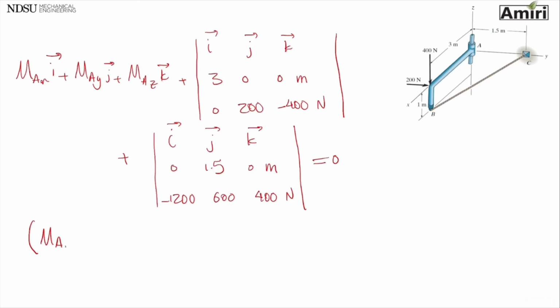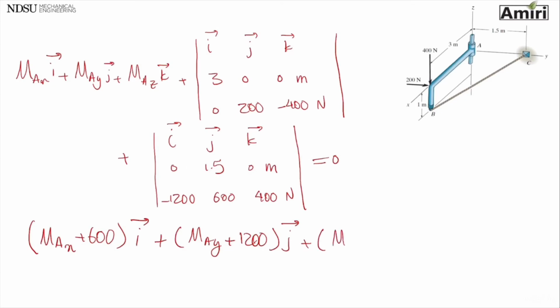MAX plus 600 I, MAY plus 1200 J, plus MAZ plus 1800 plus 600 K equals 0.